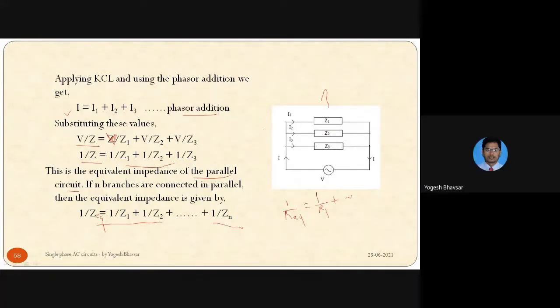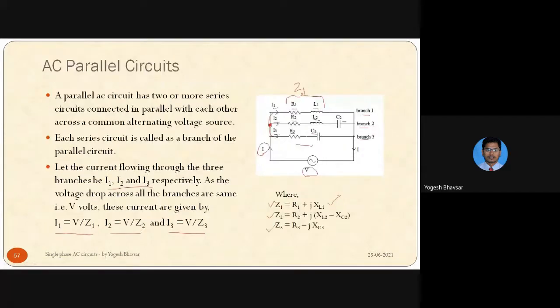So this is very similar to resistance connected in parallel. We can have this derivation for equivalent impedance for an AC parallel circuit. So hope you understood it.